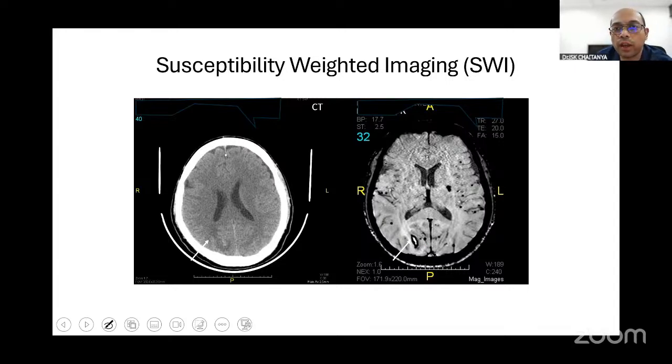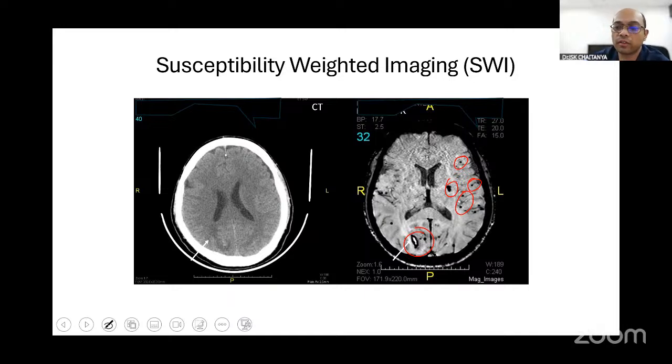But when you look at the same patient's MRI, you'll see multiple areas of black dots which are not seen on the CT. These are called microbleeds. In susceptibility weighted imaging, what we are seeing are blood or blood products, where the hemosiderin deposits are captured as black on the MRI image.